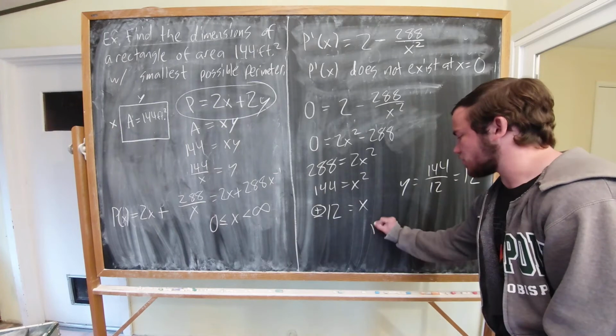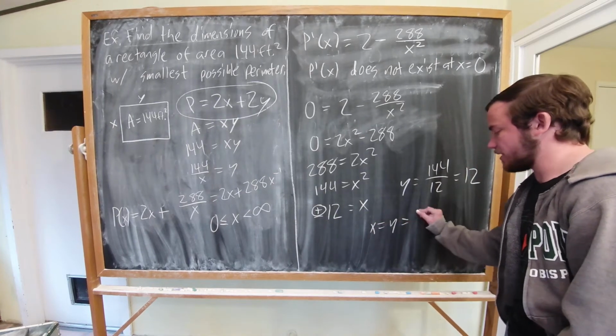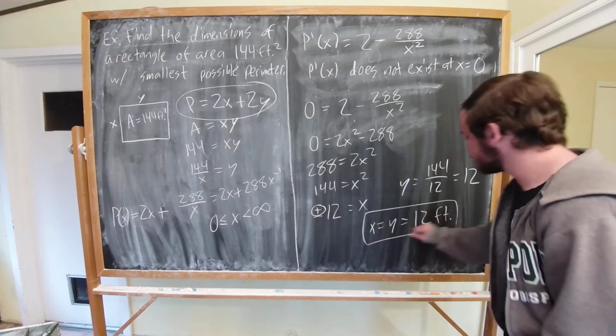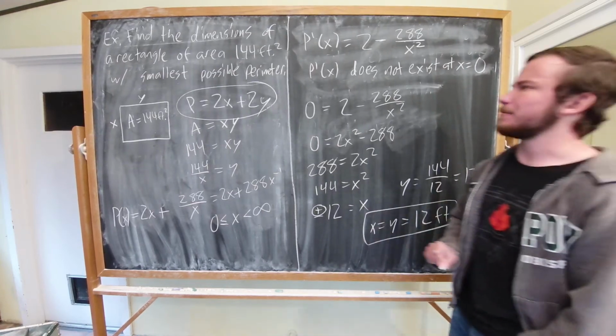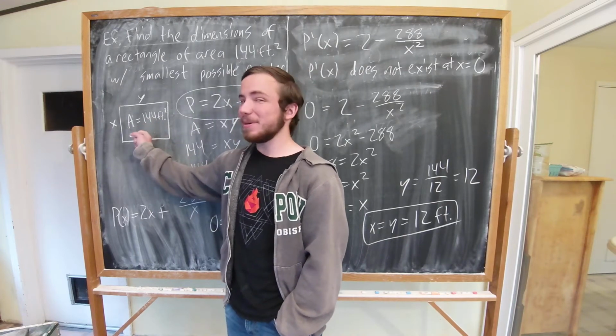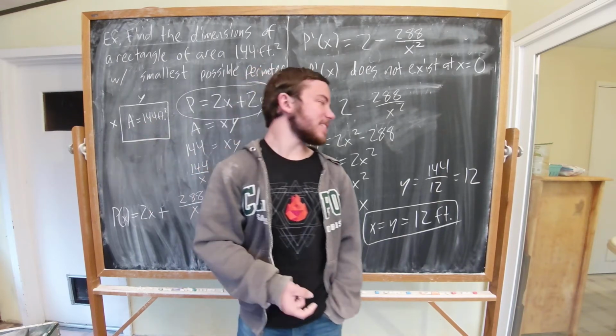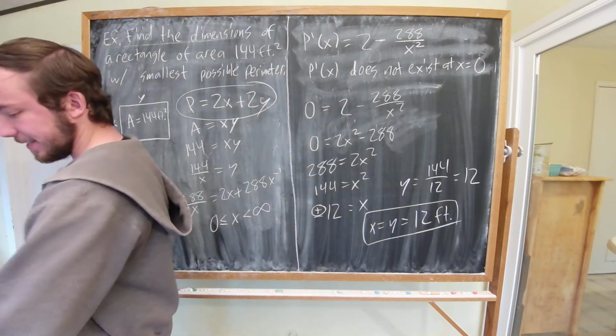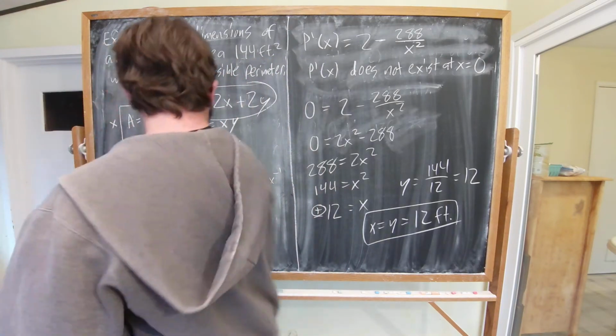So our dimensions are x equals y equals 12 feet. How about that? The smallest perimeter rectangle enclosing an area is going to be the square that has that area. So that's neat. Let's do another example.